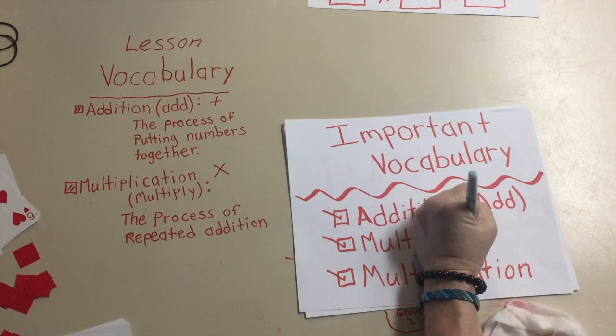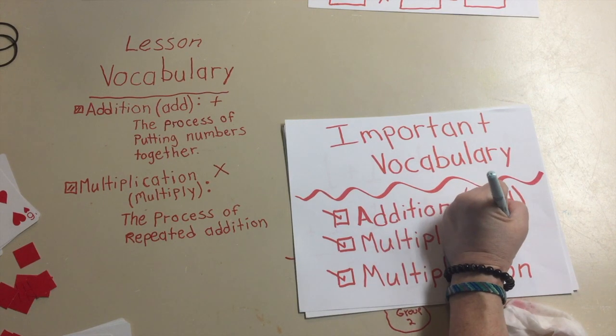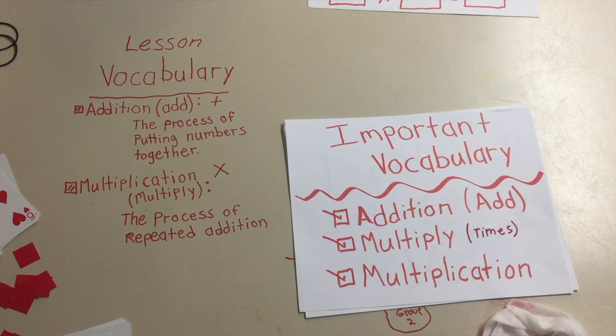We say times, T-I-M-E-S. We times things. But that would sound a little silly if we walked around saying, oh, I times it. So we use the mathematical term multiply or multiplication. But we won't judge you or think you're silly if you say times. We'll still love you. So that is our lesson on multiplication.